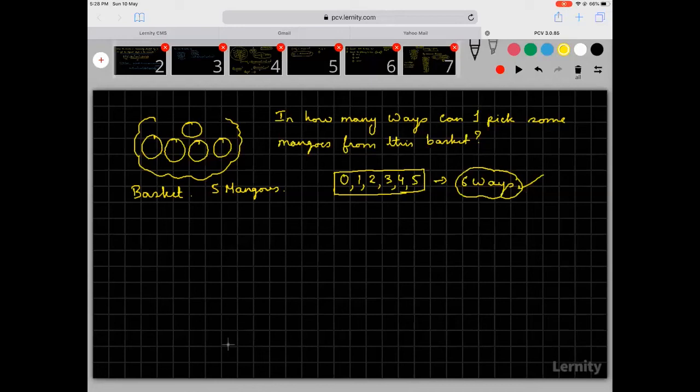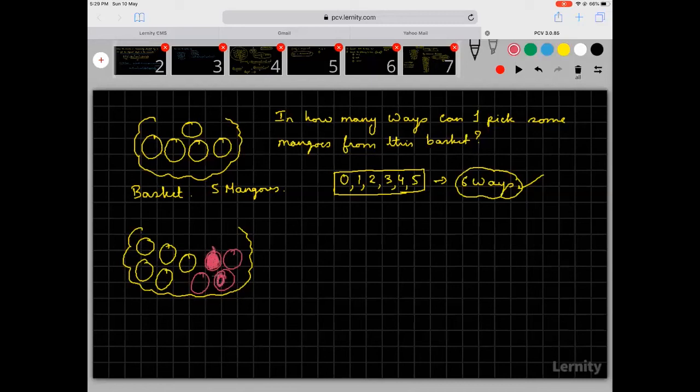Now I have the same basket, but in this I have 5 mangoes and I have 4 apples.